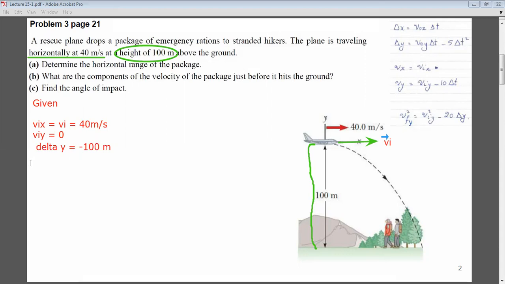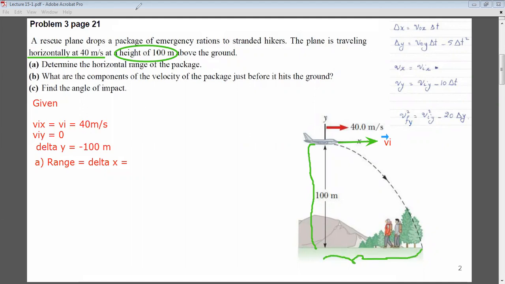Part A, solution. Determine the horizontal range of that package. Range equals delta x, just repeating the lecture of yesterday. Range is from where it was dropped till it reached the ground, but horizontally.